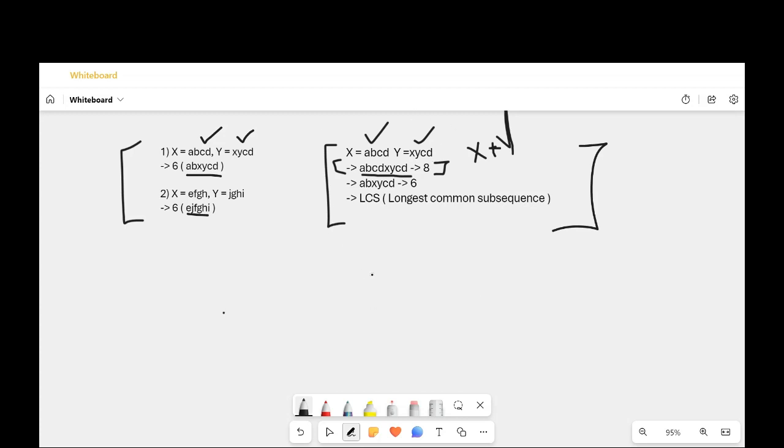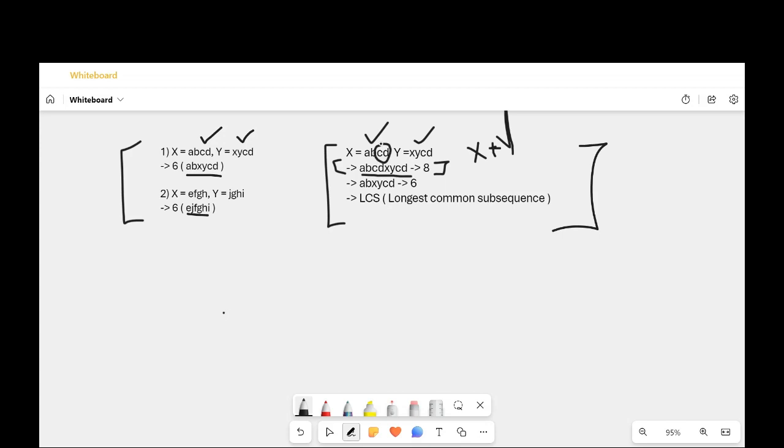The common element that you can see in these strings is cd. So cd is a common subsequence, the characters c and d are occurring in both x and y strings and in the same order. So why do we have to consider it two times in my answer string? In order to reduce the length, we need to eliminate the characters which are occurring two times.